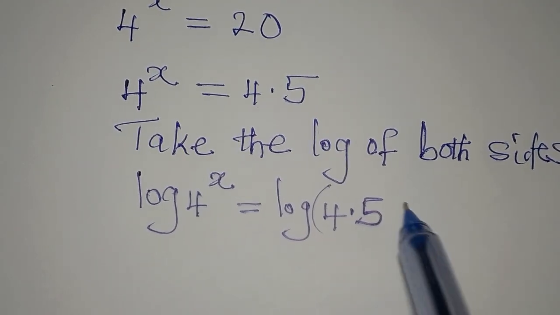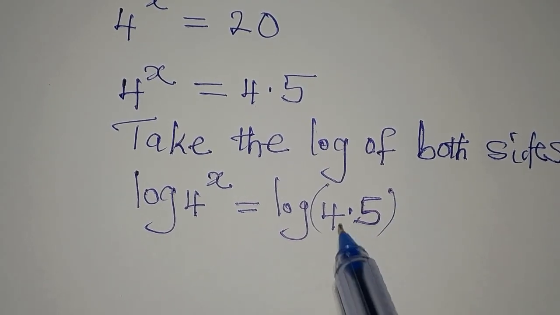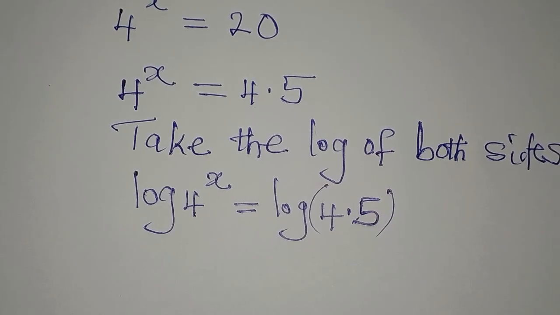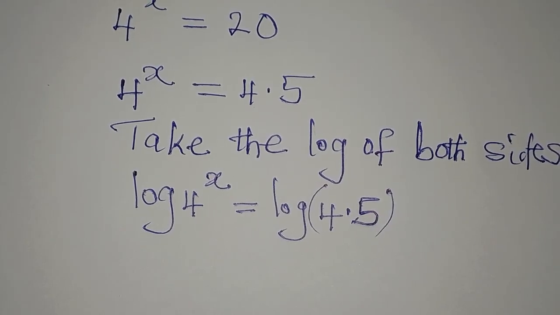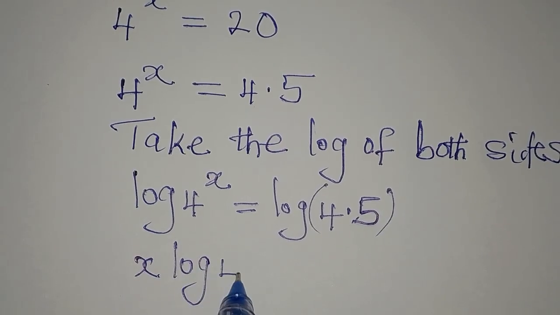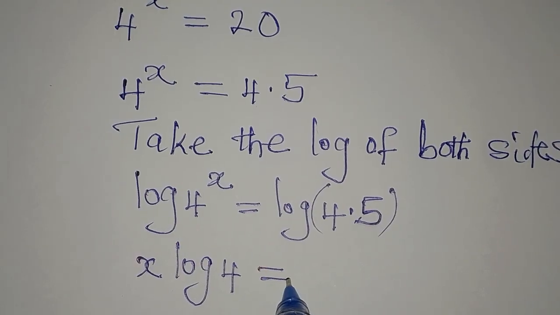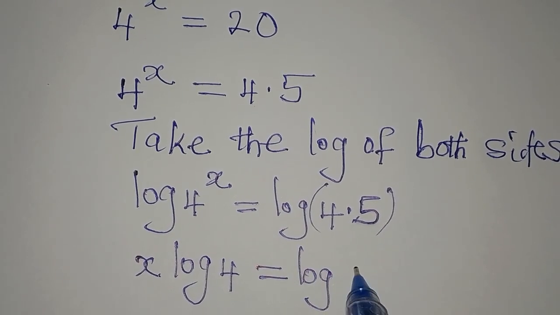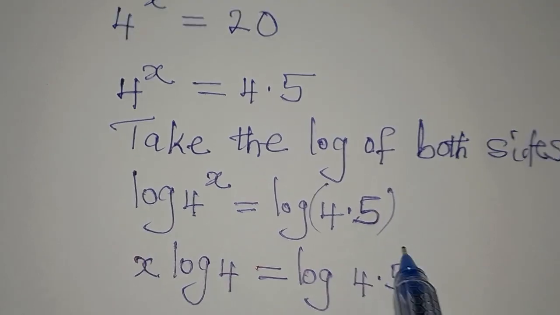Now this is not 4 point 5, it's 4 times 5, okay? So let's not make any mistake. Now what happens is that the power will go in front, so we have x log 4 being equal to log of 4 times 5.